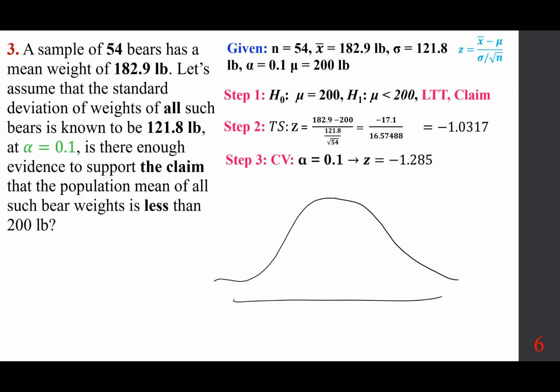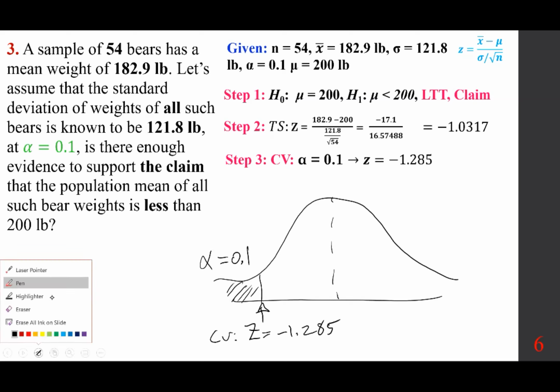So far, it's a left tail test. This is alpha of 0.1, and this is the critical value of Z being negative 1.285. Now, here's the test statistic.